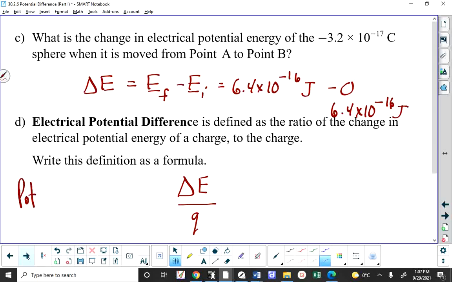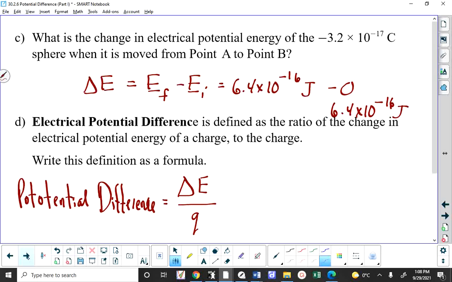Sometimes we just call it potential difference. So potential difference or electrical potential difference is the change in energy that a charge goes through from one place to another divided by the number of coulombs.